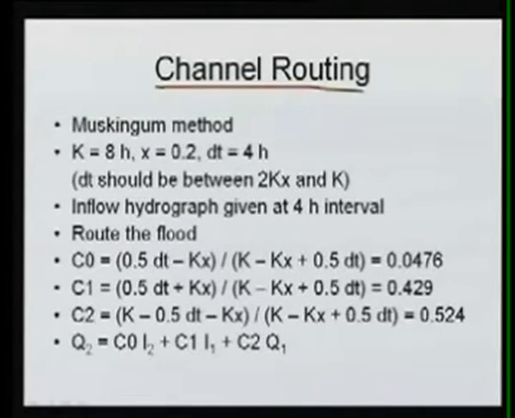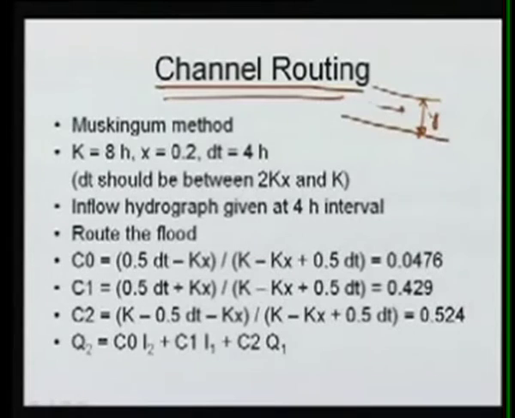In channel routing, which we will now see, channel routing means if there is a flood coming in a channel, there is some depth of flow, there is really not a well defined storage in this case, but there is a change in storage, and we have already seen that we can write this storage as wedge plus prism.